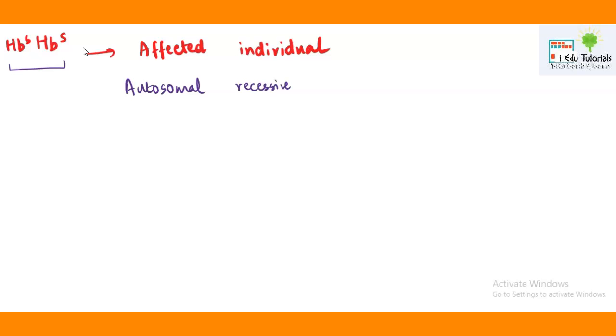If any individual has to be affected by an autosomal recessive disorder, then they must carry 2 recessive alleles. However, a carrier is one that will carry 1 normal allele and 1 affected allele. Here, this is the normal allele and this one, HbS, is the recessive allele.